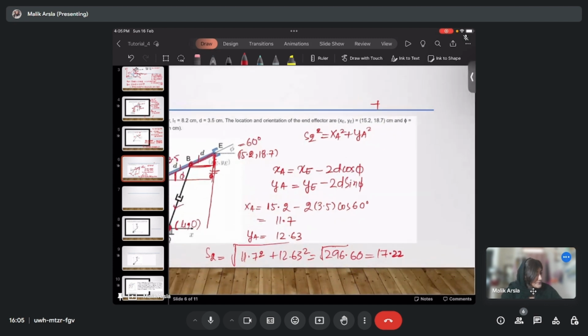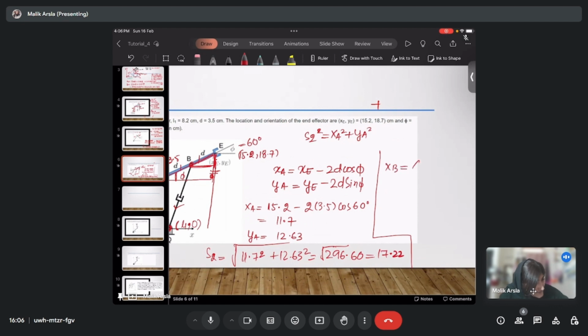So here xb is equal to xe minus d cos phi, and yb will be ye minus d sine phi. So what are xb and yb coming out to be? Do it and tell me.